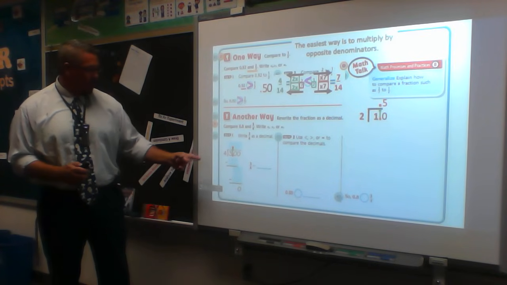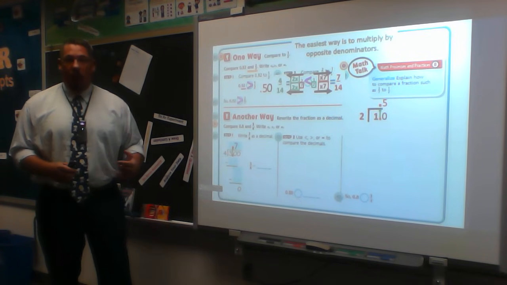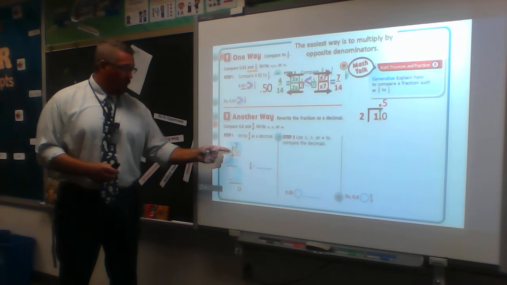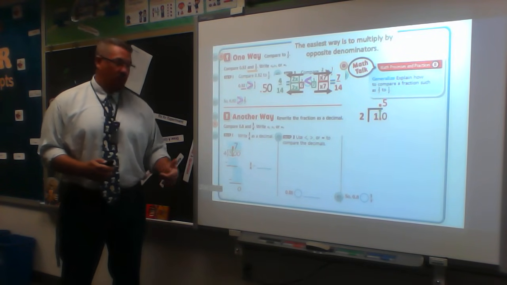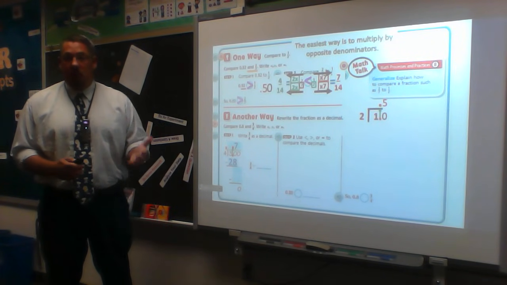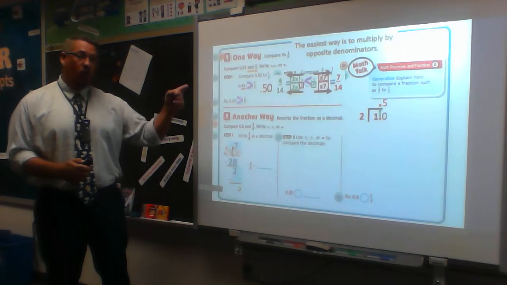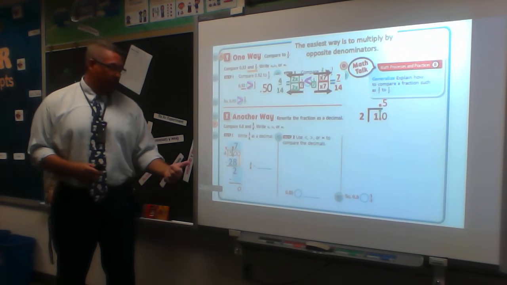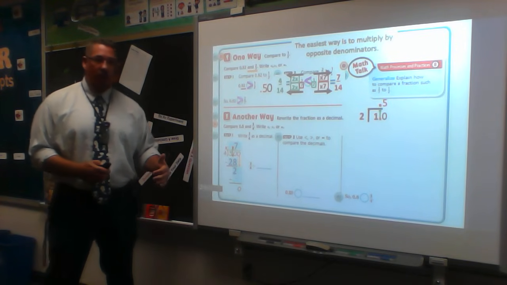When I'm dividing, though, I start with my 30, because I've already raised my decimal and put it in place. 4 goes into 30 seven times, because 7 times 4 is 28. I subtract those and get 2 as a remainder. I bring down a zero. Now, if it wasn't filled out for me, then I would have to remember, oh yeah, I have to add a decimal and bring it down.